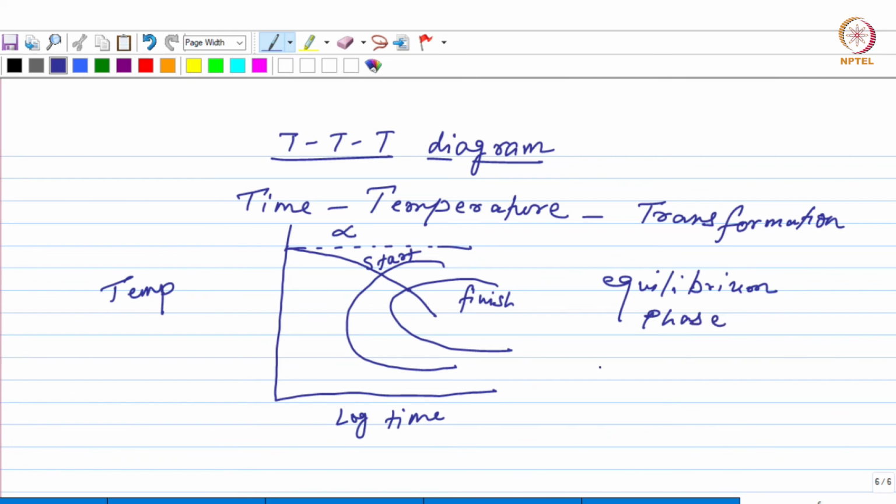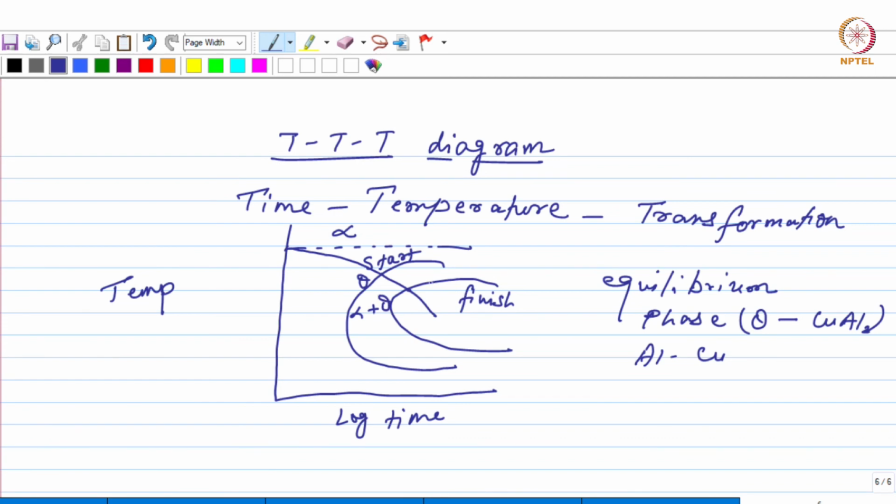So if we again take the example of the aluminium copper system, this is the theta start curve. Theta is the equilibrium phase in that case. And this is the two-phase region, alpha plus theta.